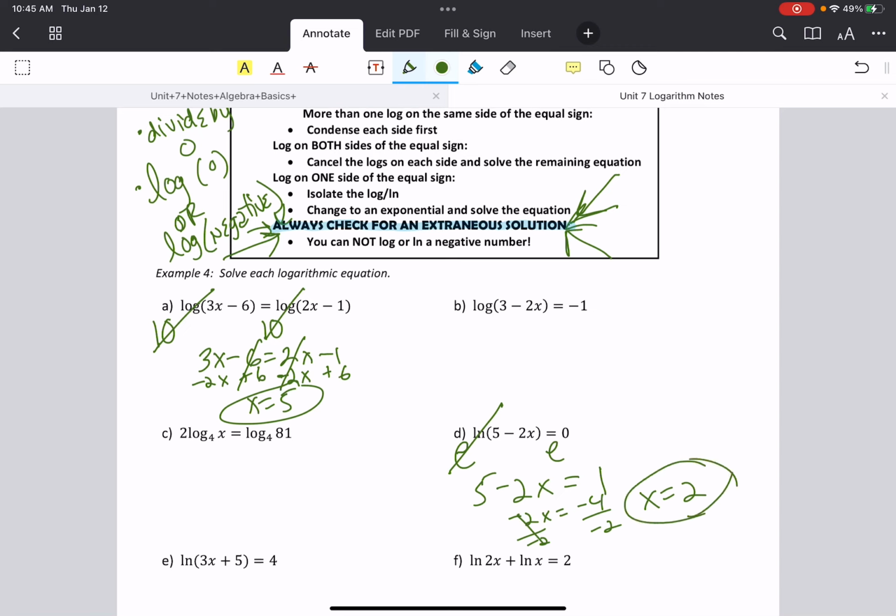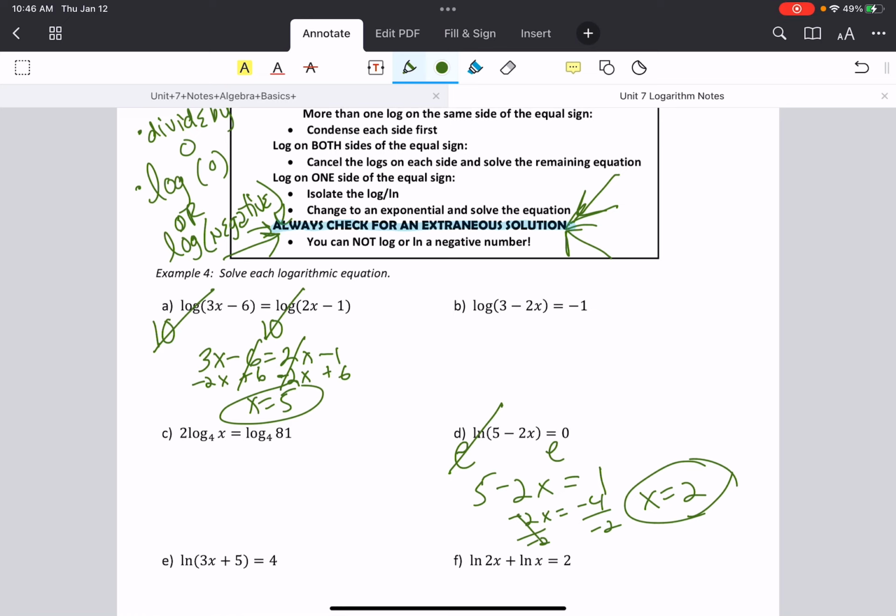And do a quick extraneous solution check. 5 minus 2 times 2 is 1, so that's fine. Any questions so far? Okay.